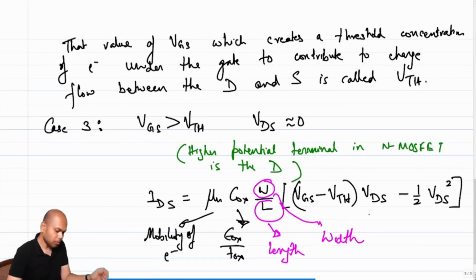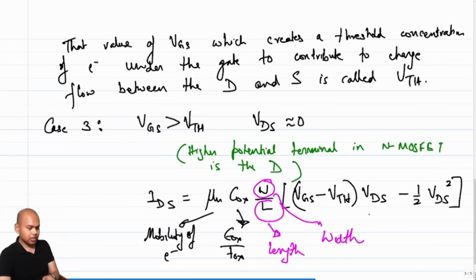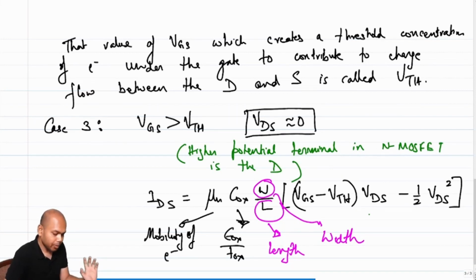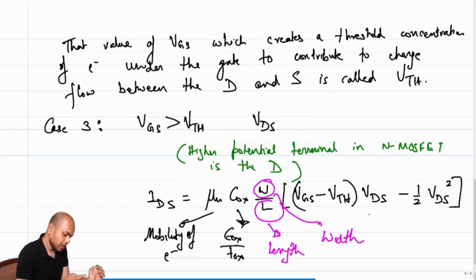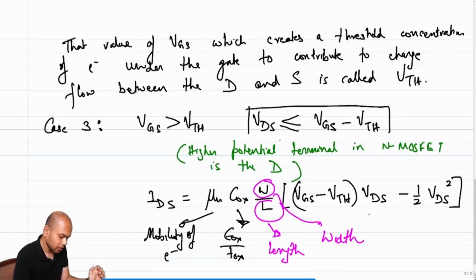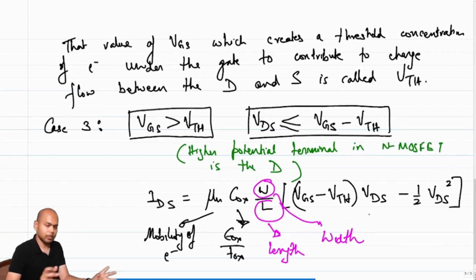So note that there is one more nuance to this equation, and this equation is valid when VDS is close to 0, right? Let me be a bit more specific. This is when VDS is less than or equal to VGS minus threshold voltage. So as long as VGS, the voltage between the gate and the source, is greater than threshold voltage, that is, the MOSFET is on, right?